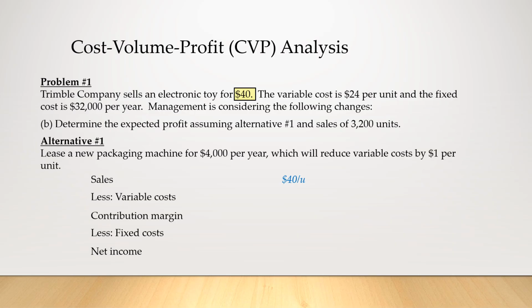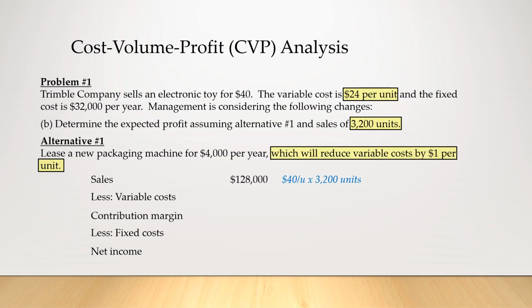Multiply that price by the quantity of sales, and revenue is $128,000. The variable cost per unit is $24, but this new machine will reduce that cost by $1 per unit. So our total variable costs are $23 per unit times 3,200 units, or $73,600.